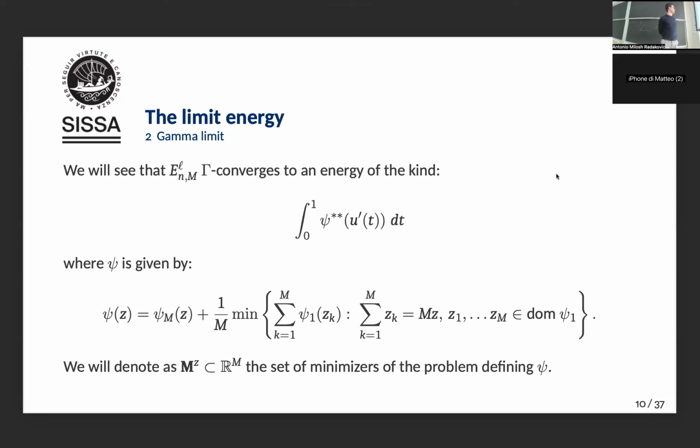Notice that in the case psi-1 is convex, actually psi becomes the sum of psi-m and psi-1, so something really simple to work with. And for this reason, we are going to assume some non-convexity later on. We will denote as bold M_z the set of minimizers for this problem.